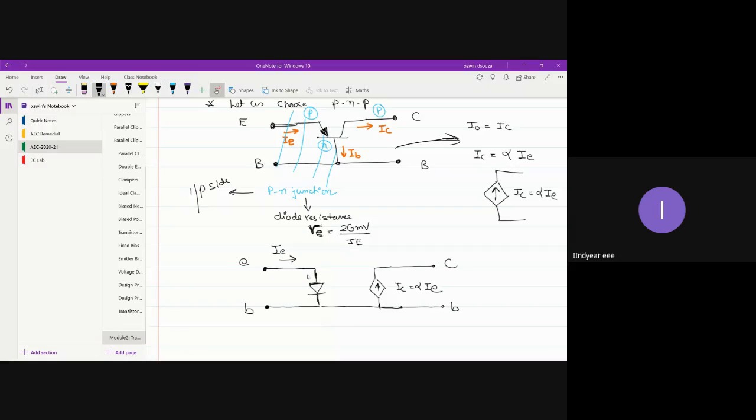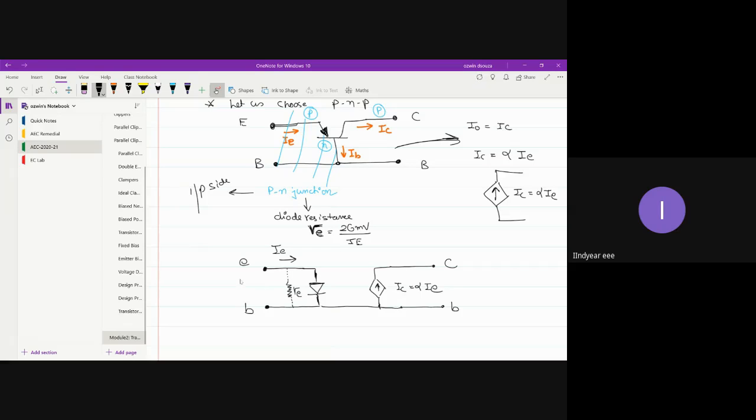So you have a diode, hence this diode can be replaced with resistance RE.